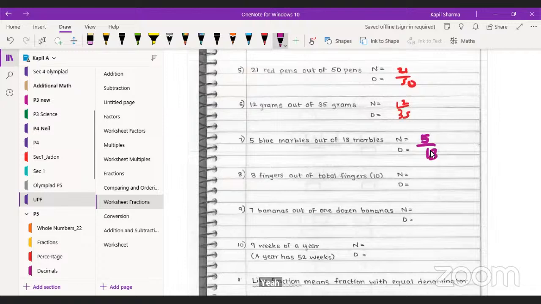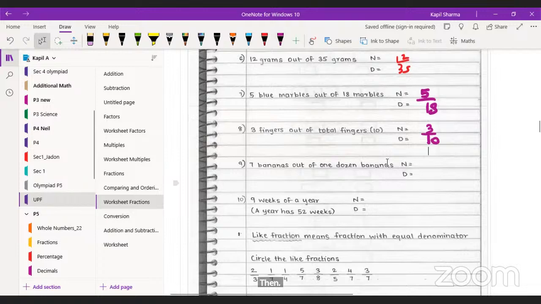Then 3 out of 10. 7 bananas out of 1 dozen bananas. Yeah, a dozen is 12. Then we have 9 over 52.